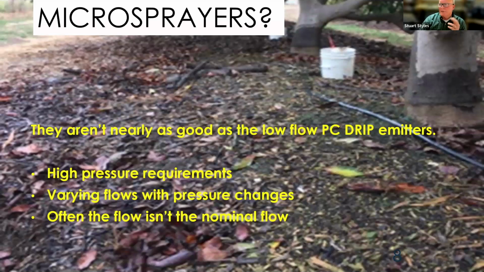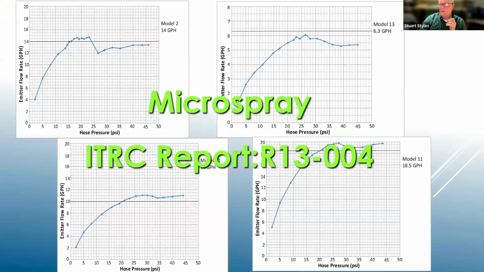So you're not getting the exact number if you're trying to calculate your ET estimates based on gallons per tree or a volume of gallons being replaced every irrigation event. A lot of times your numbers are off because the nominal flow isn't the value that you have out there. So the data doesn't look as good.